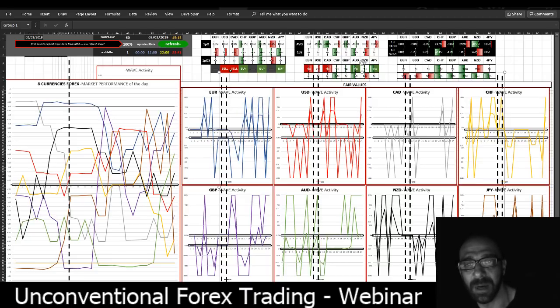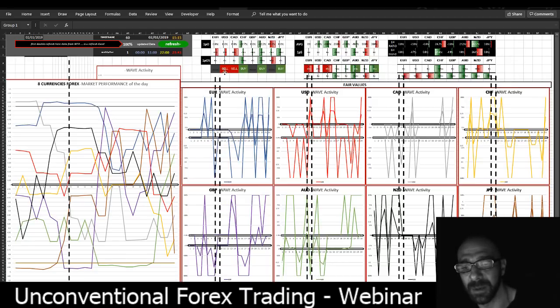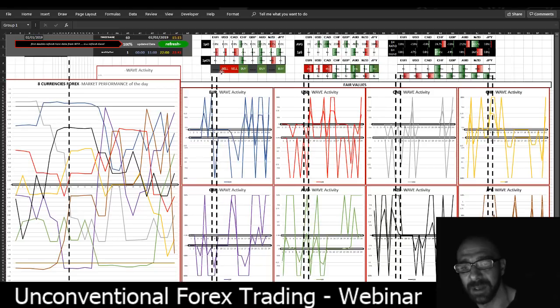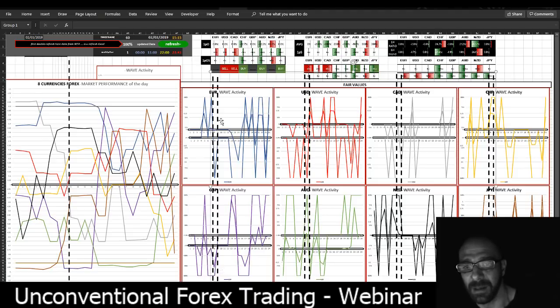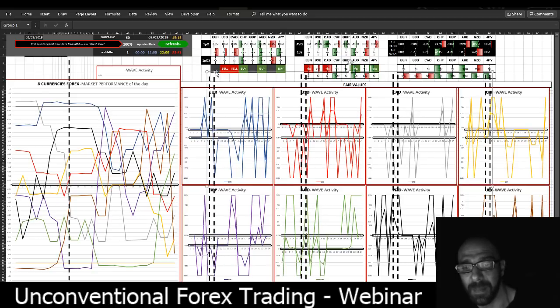So maybe the right moment that develops through the time is when we start to see activity like this, when we notice that Euro here is ready to be sold, and GBP is ready to be bought.